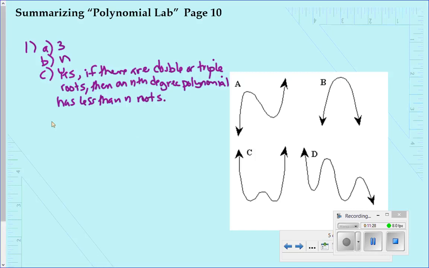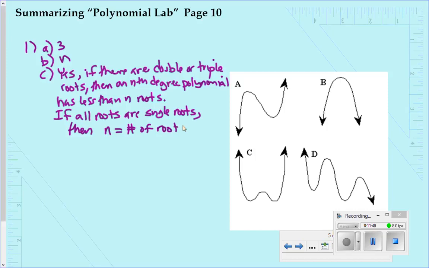Okay. If all the roots are single roots, then n will equal the number of roots. Okay.